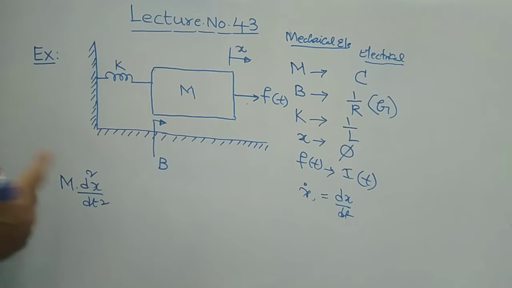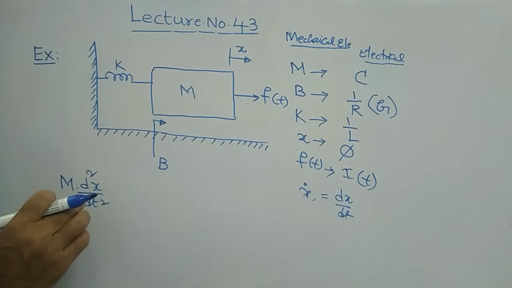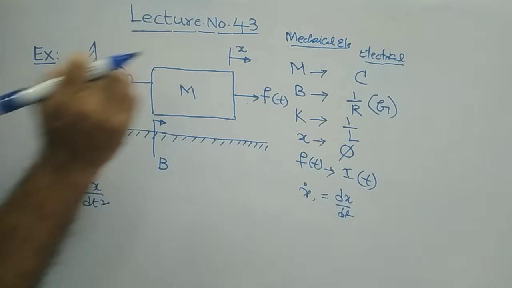M into d square x by dt square is the amount of opposing force offered by the mass element.